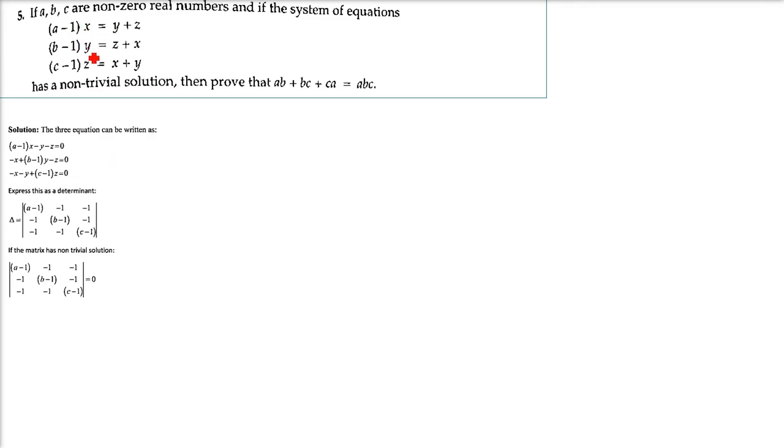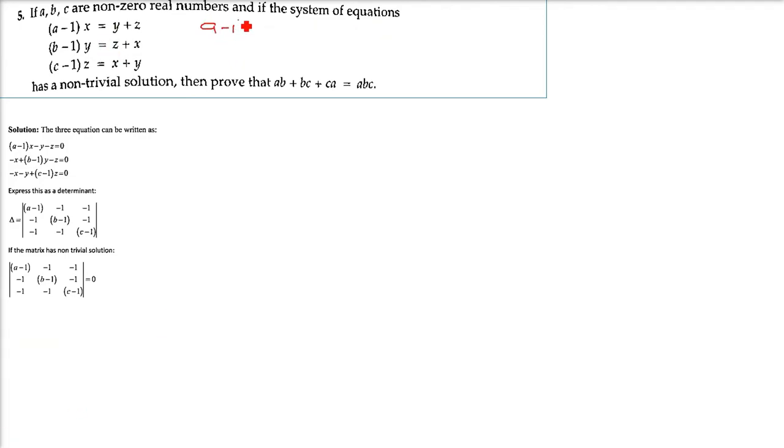Please remember this equation, we have to take y and z on the left hand side. That is (a minus 1)x minus y minus z equals 0. You can write it as minus z minus x, but the better way is to write x, y, z properly, one below another.